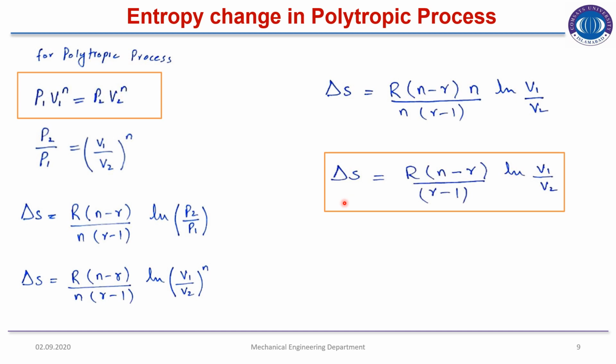We will use whichever is suited to the condition given to us. Sometimes in numerical problems we will be given the temperature ratio, sometimes the pressure ratio, and sometimes the specific volume ratio for the polytropic process, and we will be asked to calculate the entropy change for that polytropic process.